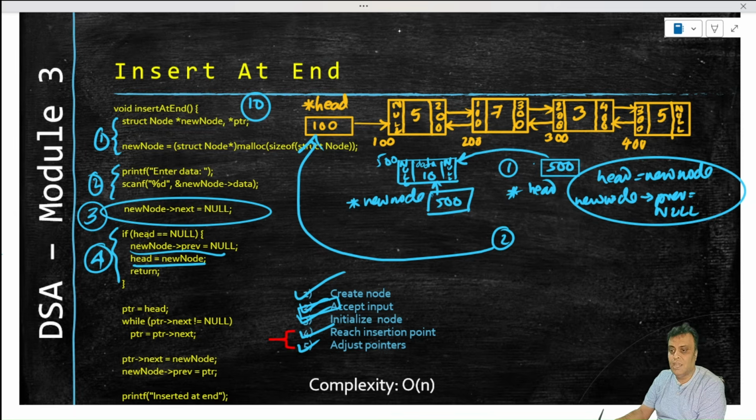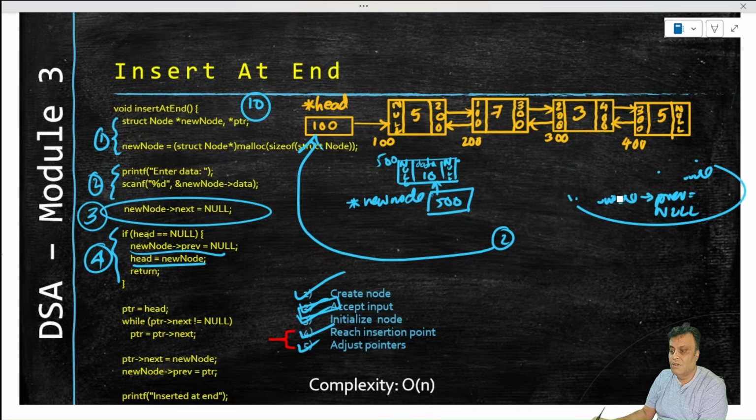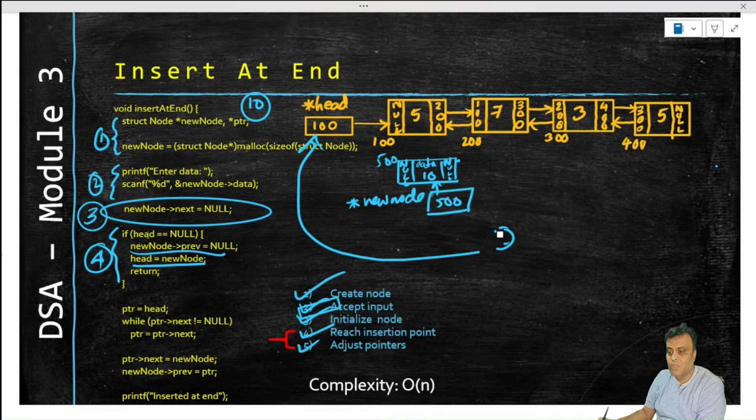Now let's assume that head is not null, right? So head has some value. So let me wipe this off and clear it so that you understand from the head not equal to null standpoint what is moving and what is not. So now what we need to do is case 2, our head is not null.